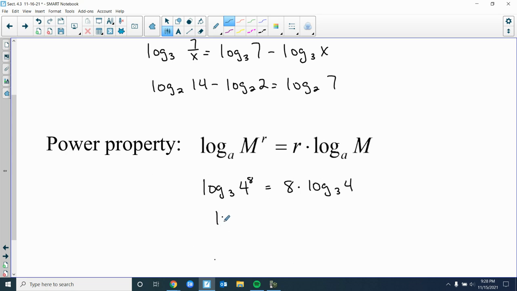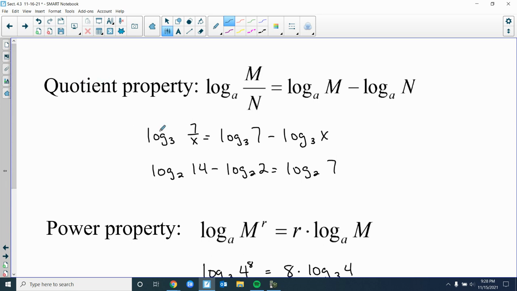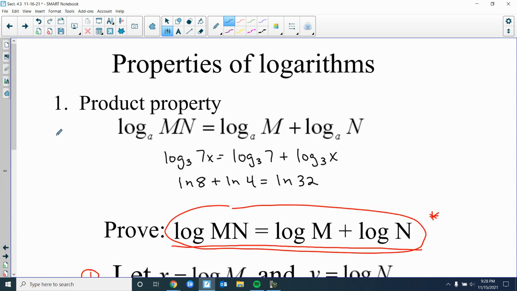And if I have the natural log of 7 to the x power, I can write that as x times natural log of 7. So I got that. So those are our 3 properties: product, quotient, and power. You got to be able to prove that first one there.